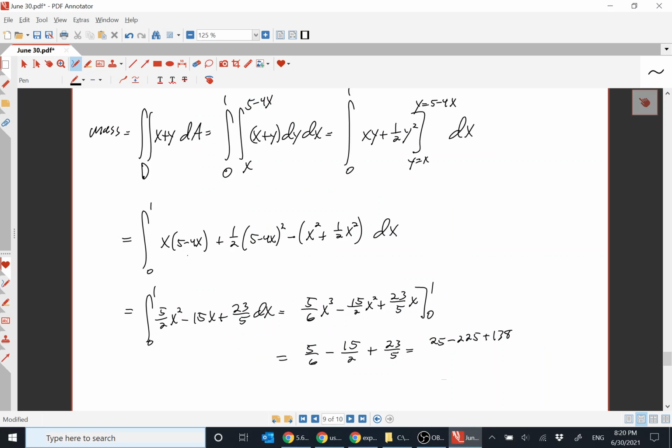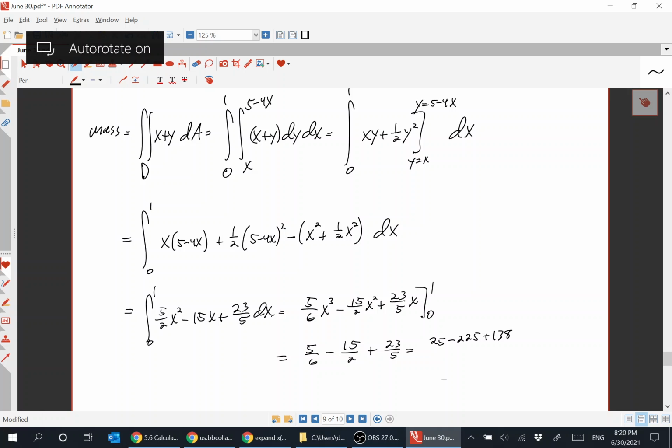So 5/6, 15/2, 23 over 5. 5 sixths minus 15 halves plus 23 over 5. 225.